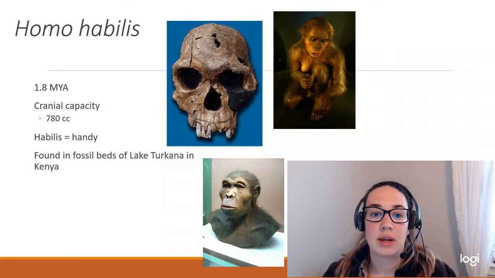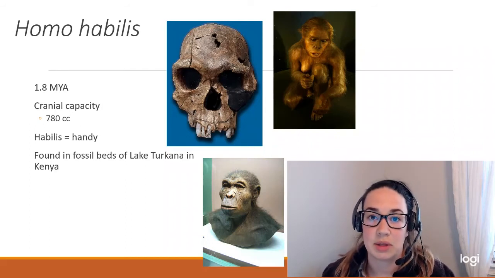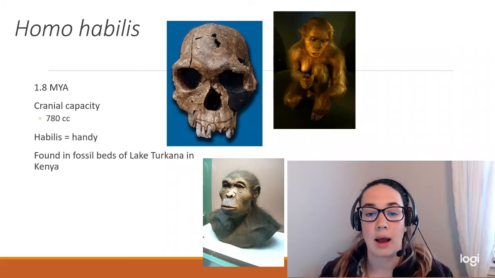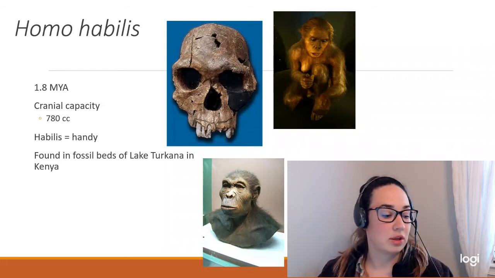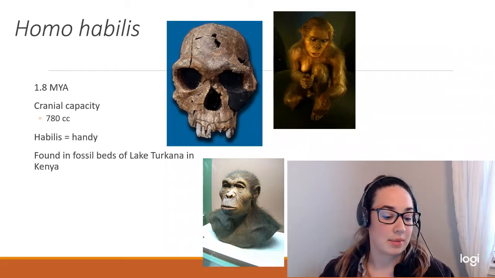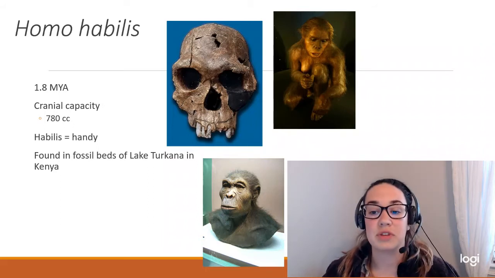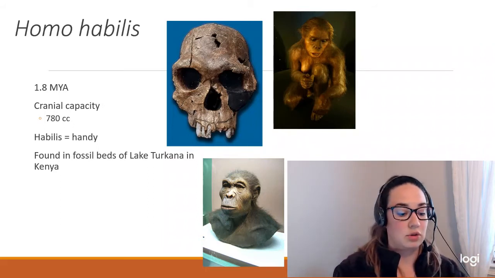Okay, so now we're getting into Homo habilis, and this is approximately 1.8 million years ago. There's a really good timeline of our humanoid or hominid ancestors on page 252, and I'll show it to you.